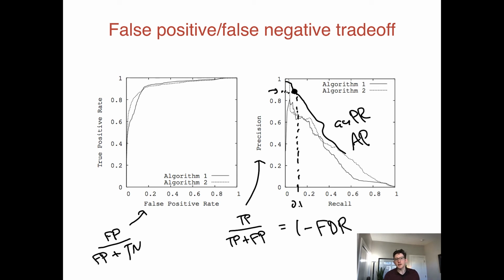Now, perhaps some algorithm has no recall that reaches that criterion, in this case algorithm 1. Well, if your user is only willing to accept predictions with some precision, then algorithm 1 is truly useless in that case.